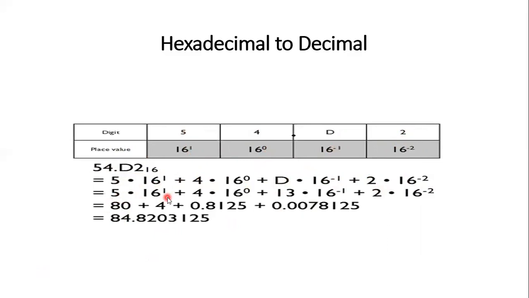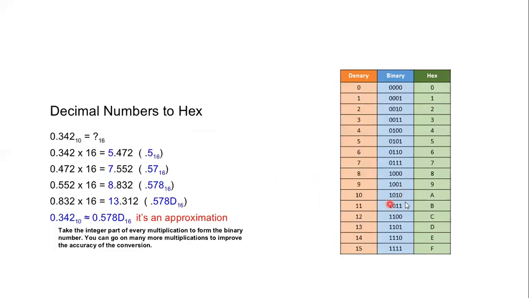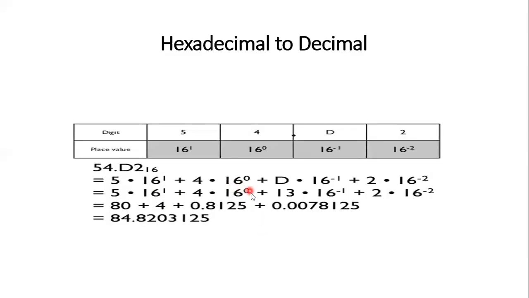So this is 5 into 16 is 80. Then 4 into 16 power 0, which is 1, so 4 into 1 is 4. Then D is 13. D is a 13. So 13 divided by 16 is 0.8125.